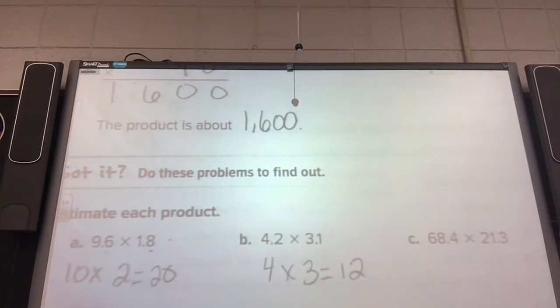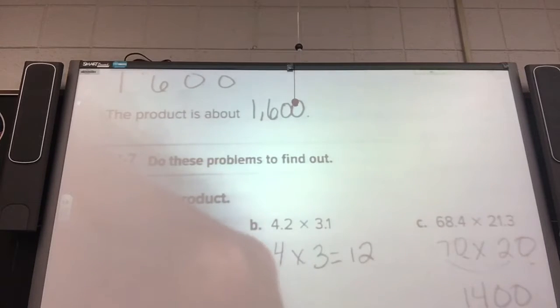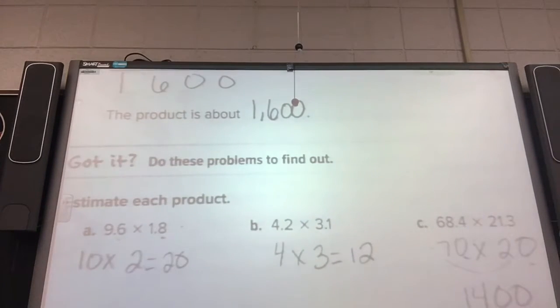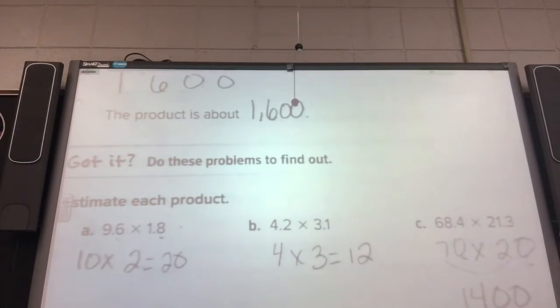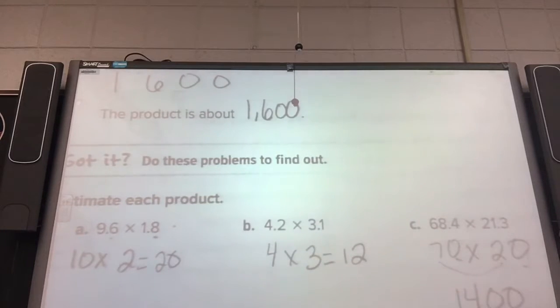And letter C, 68.4 is closer to 70. 21.3 is closer to 20. 7 times 2 is 14. Add 2 zeros, 1,400. So if you got those answers right, you would have had 20, 12, and 1,400.